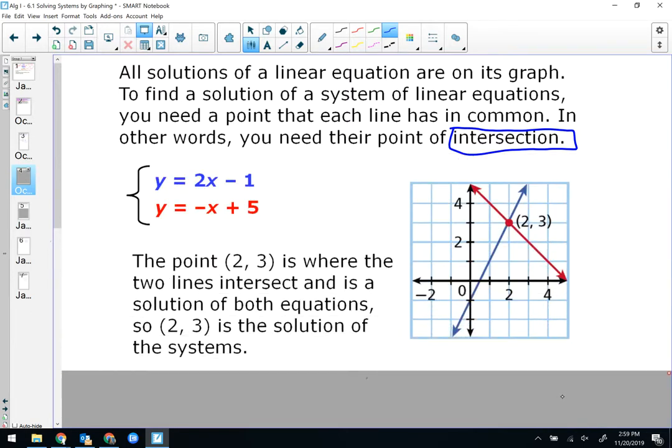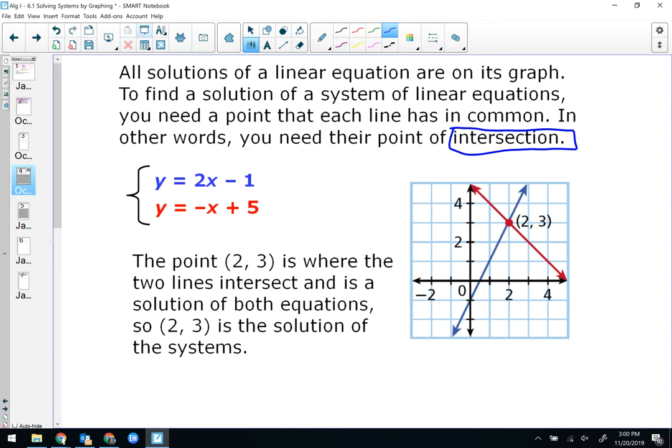What does that mean? Take a look at these two lines. If I wanted the solution to the system of the blue line and the red line, it would occur at (2, 3). Visually, it's where the two lines cross. Don't believe me? Let's check that answer just like we did on the last slide. 3 is equal to 2 times 2 minus 1.